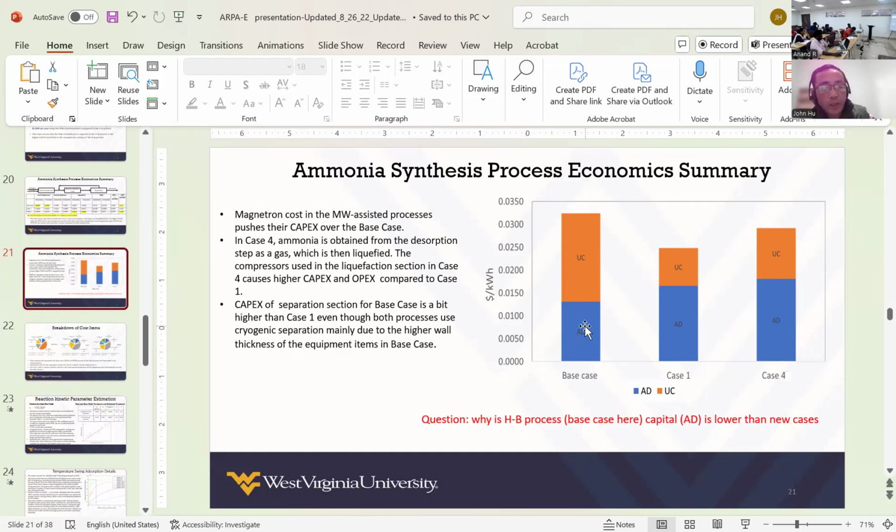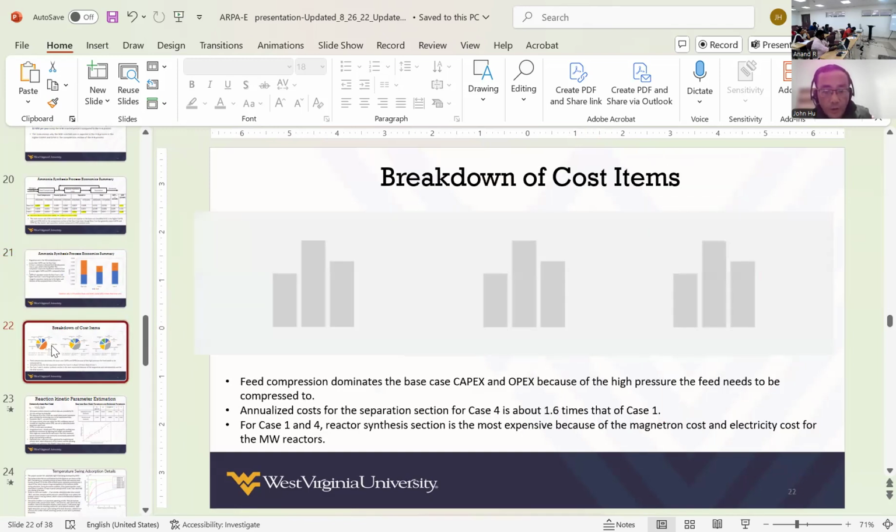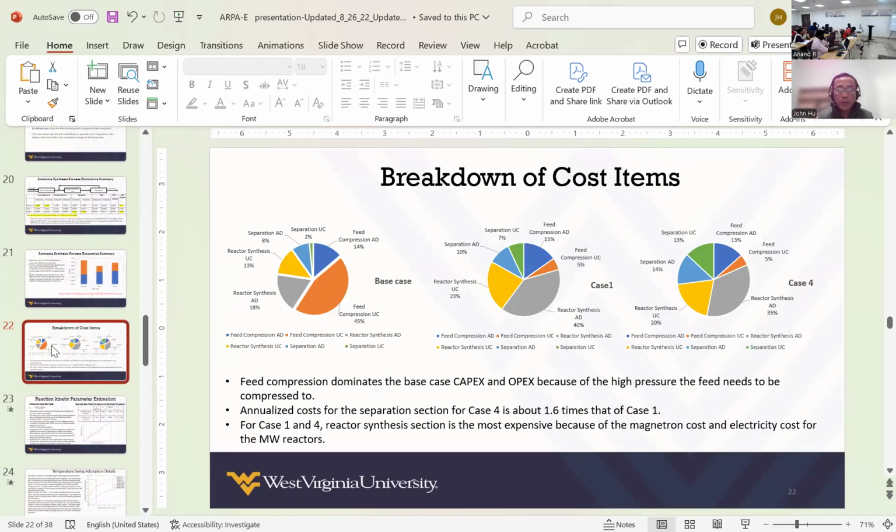Technical economic analysis has some other features, which is here. Read the bullet points, and then let me interpret to you. Basically, for each case, they normalize into 100% just to compare as a percentage in the pie chart. Where are the major costs in there?